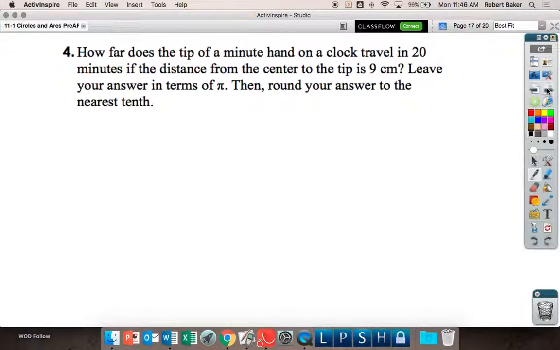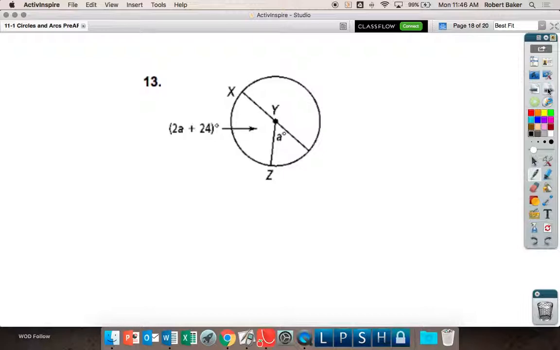So we already did all of those. And the last kind of part here is using algebra to solve for arc measurements. So assume that xy is a diameter. How would you set up something to solve for the arc measurement of xz, or angle A, the variable A? How big is this half of the circle?